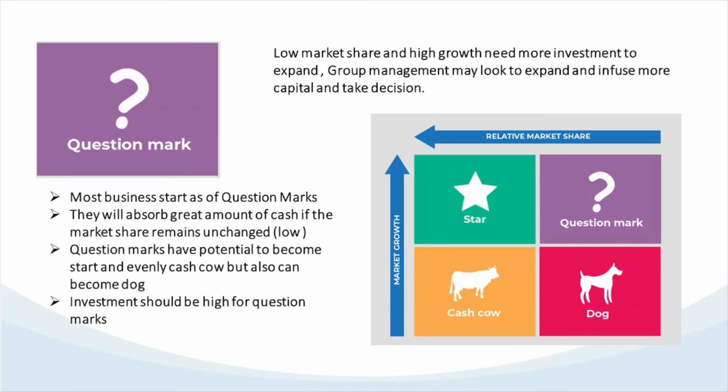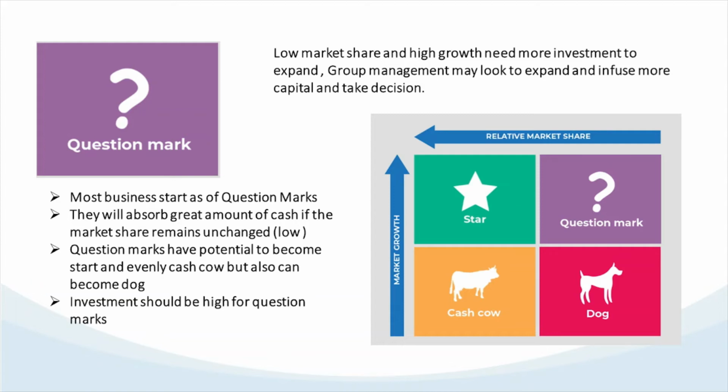Let's understand more about this quadrant. Most businesses start as a question mark. In the beginning, most businesses in general fall into this quadrant of the BCG matrix. They will absorb a great amount of cash if market share remains unchanged or low, as the management is focused on expanding their market and increasing their market share.